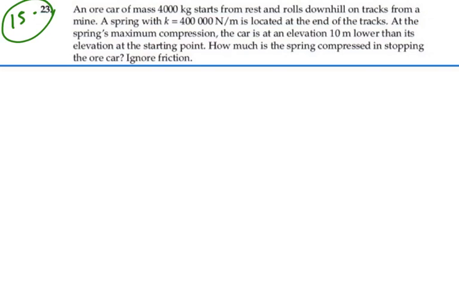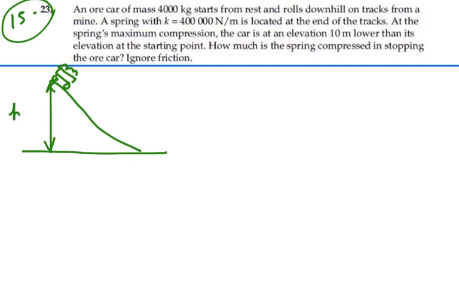Ignore friction. All right, we don't really need to have an incline, but we can imagine some kind of path going down to the lower point, where we have the car located at the top of this, filled with ore, and ultimately its height is 10 meters above its final position.